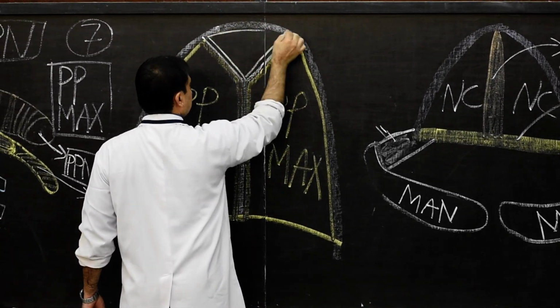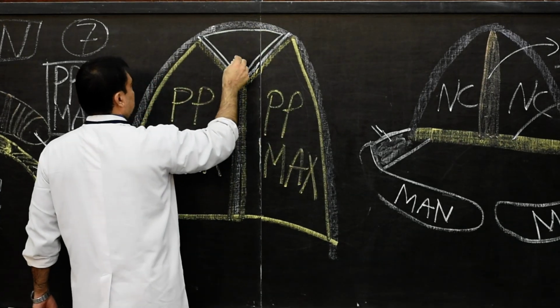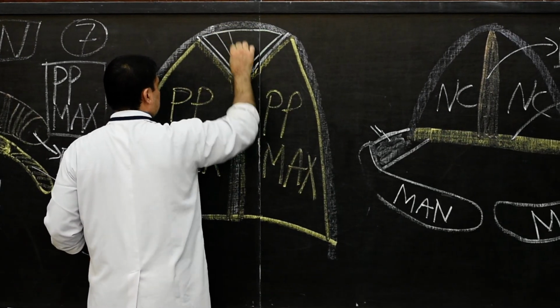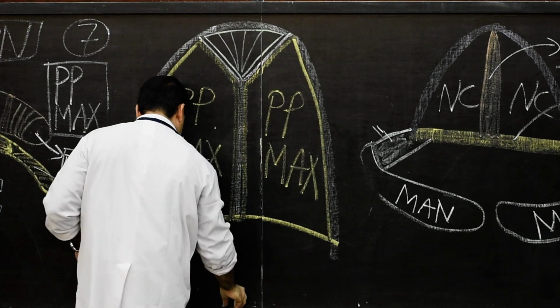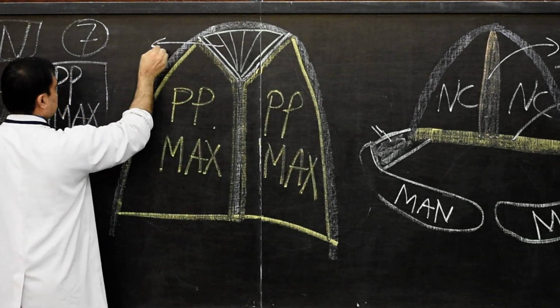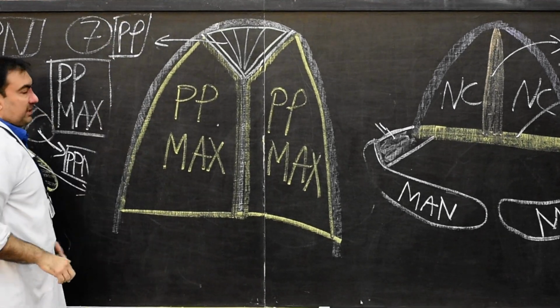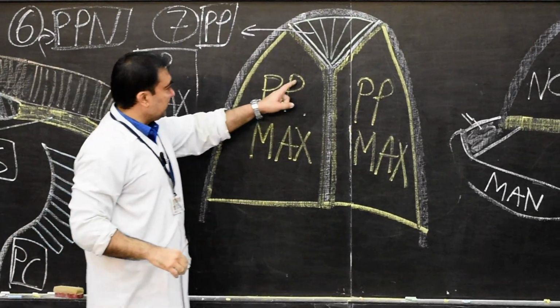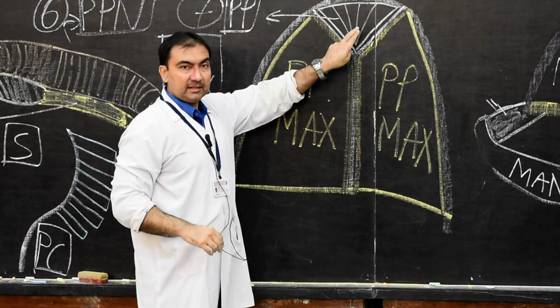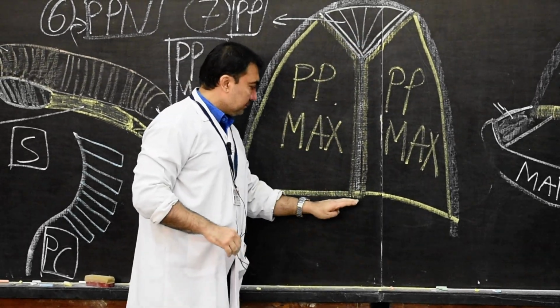This is a very important diagram. This will be known as, if I put these markings, primitive palate. So the primitive palate fuses with the two palatine processes of maxilla anteriorly and posteriorly.